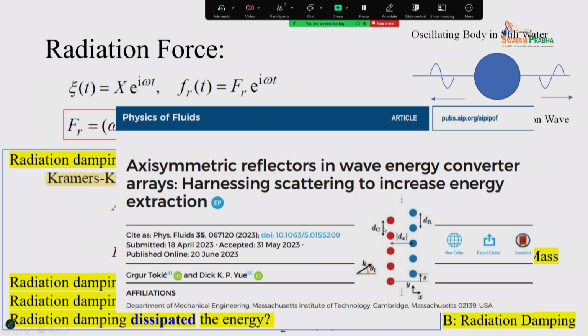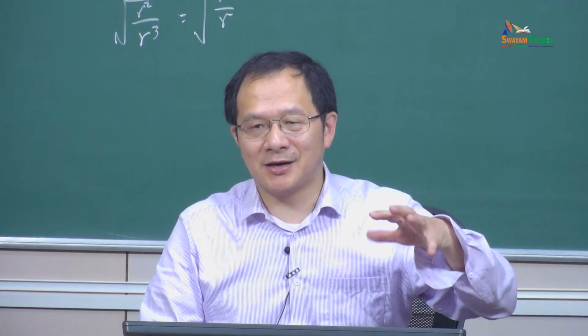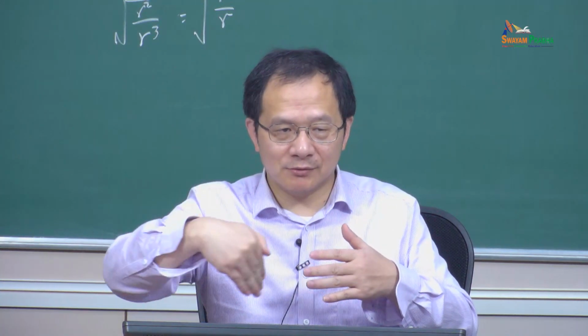In his paper, he can get 3 times more power. Just imagine that with 3 times more power, what I mean is, let us say you put 100 buoys, the total energy you can generate is not 100 times one buoy, it can be 300 times one buoy. Meanwhile, you also understand that it is sensitive to the location and geometry, right? How close the dimension is, and in which kind of distance the wave will come in.